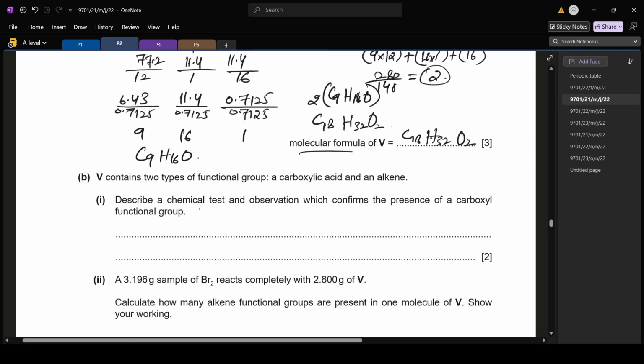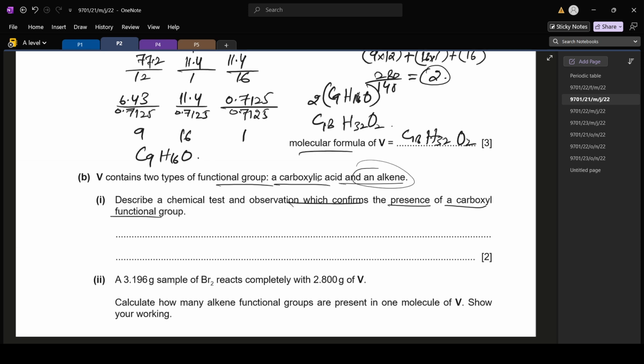Part B. V contains two types of functional groups, carboxylic acid and alkene. Describe a chemical test and observation which will confirm the presence of the carboxylic acid functional group. Okay, so an acid reacts with carbonates, any carbonate, to form a salt and carbon dioxide.